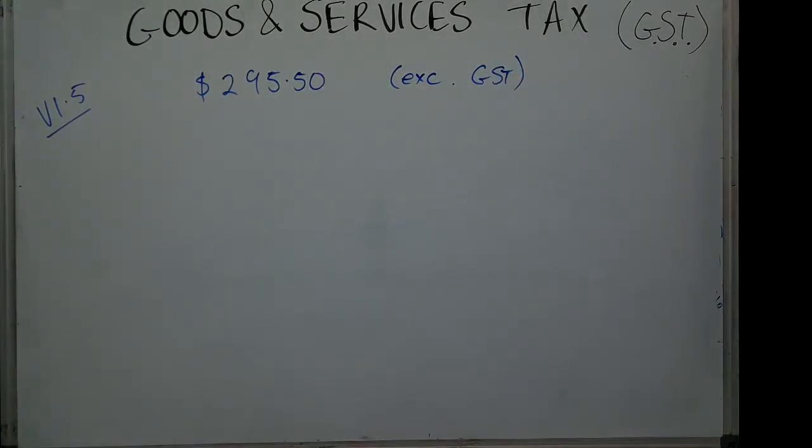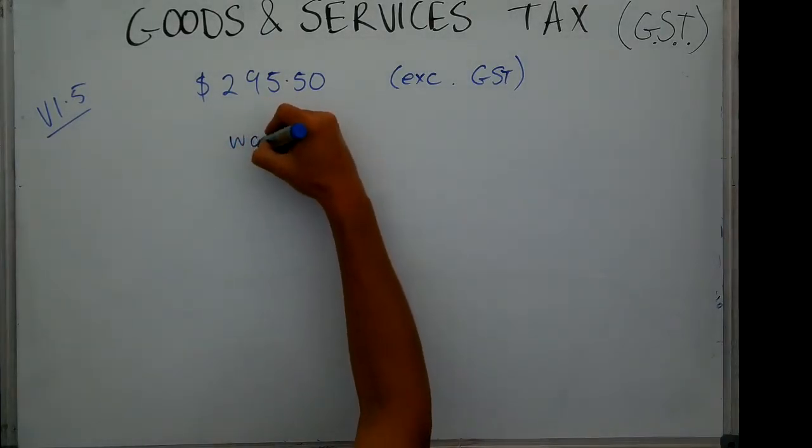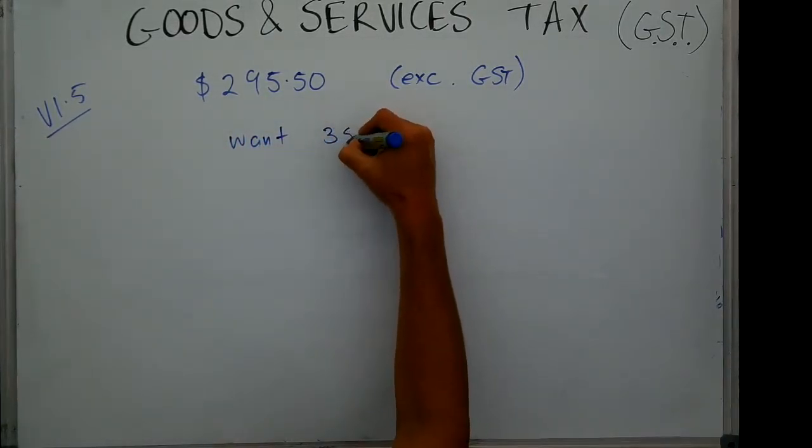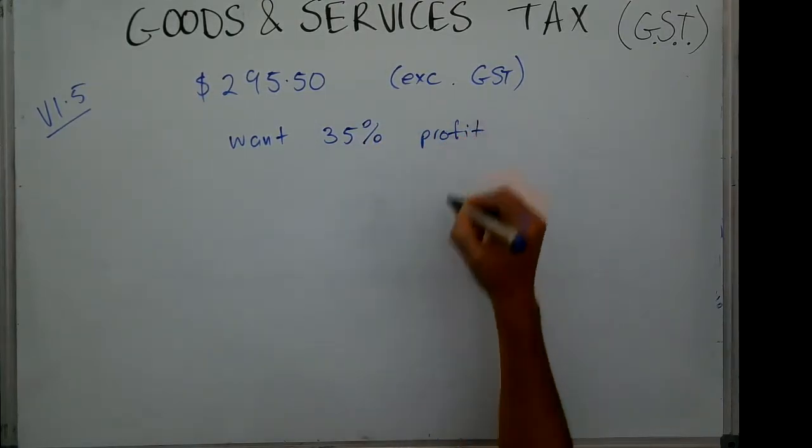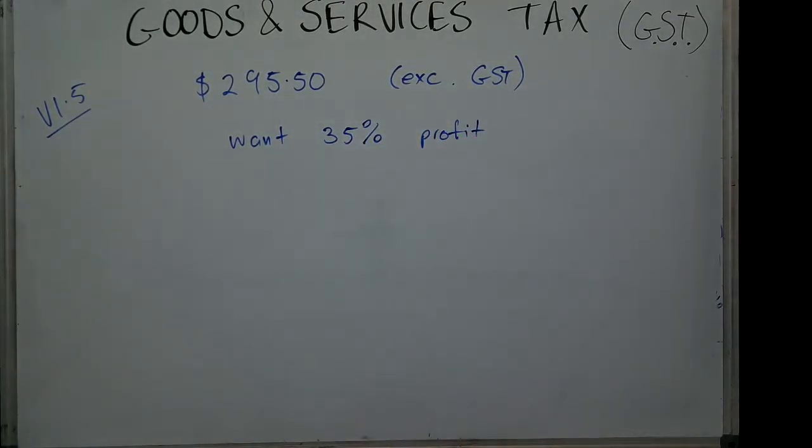At what selling price should it be marked if she wishes to make a 35% profit? So we want 35% profit, and we also need to add 10% GST to the final price.